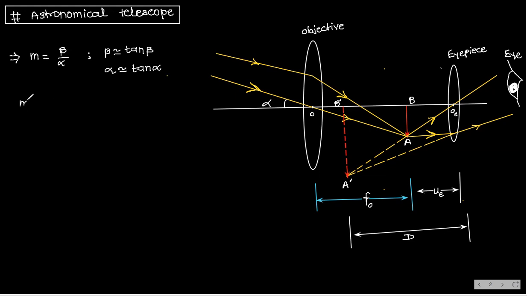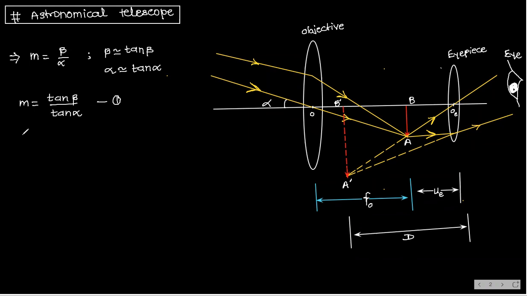So magnifying power m is equal to tan beta divided by tan alpha. Let's call this equation number 1.